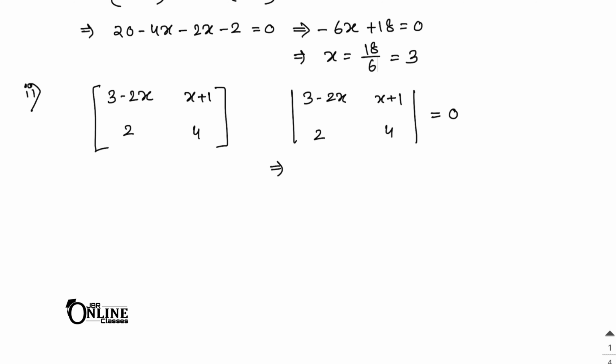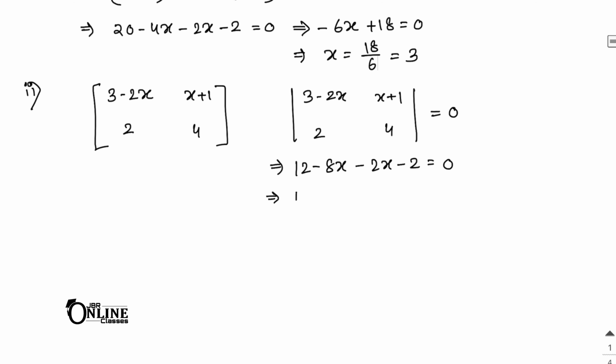So again cross multiply, 12 minus 8x minus 2x minus 2 equal to 0. So 12 minus 2 is 10, 10 minus 10x equal to 0, and from that x equal to 1. So for x equal to 1, that one will be a singular matrix.